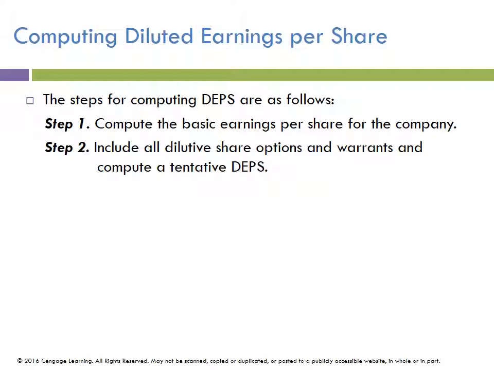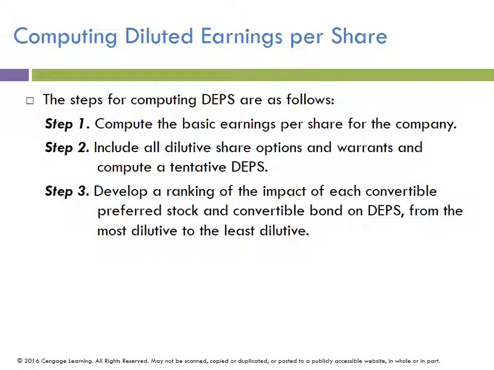So what this is saying is, now pretend everyone who has an option or a warrant exercises it and takes more common stock. Now what would be your earnings per share?